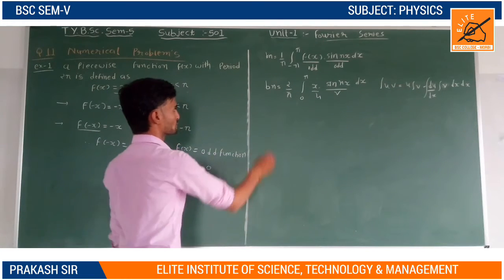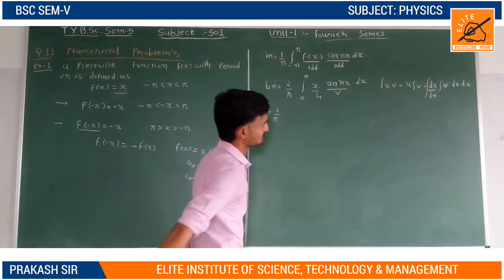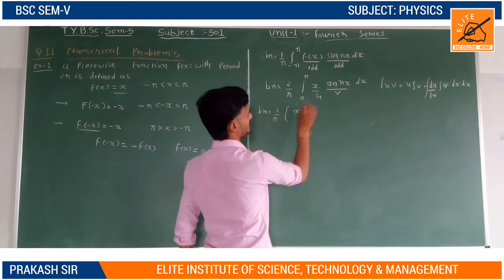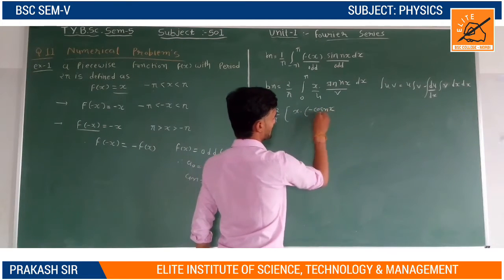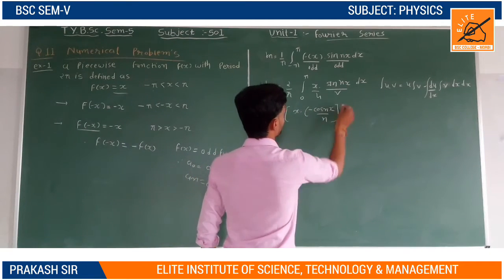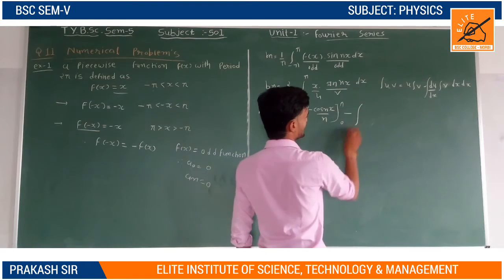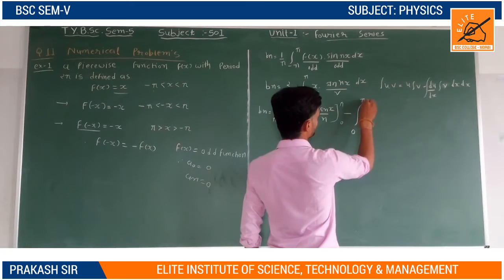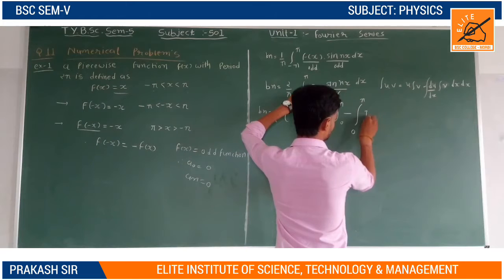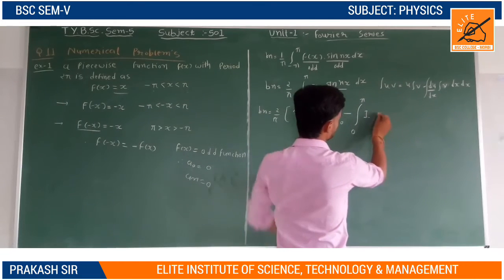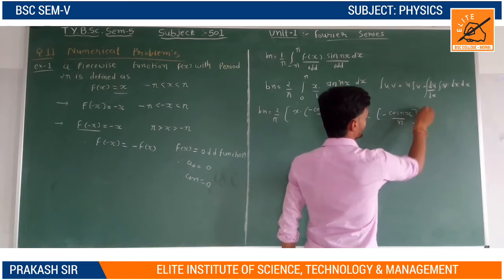So u here is x, and the integral of sin nx is minus cos nx upon n. So 2 upon pi, x into minus cos nx upon n from 0 to pi, minus the integral from 0 to pi of du upon dx, which is 1, times minus cos nx upon n dx.